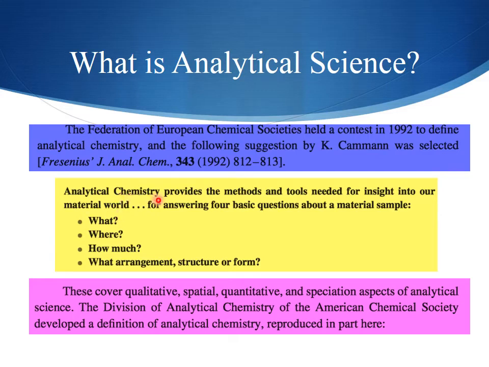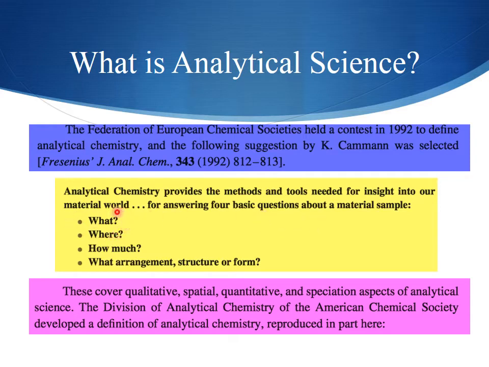By material world, we mean the chemical substances and the compounds we want to investigate, and we will use different methods and tools for the investigation of these chemicals or compounds, and it will answer four basic questions.